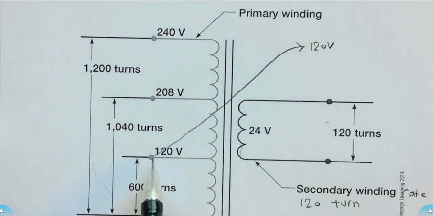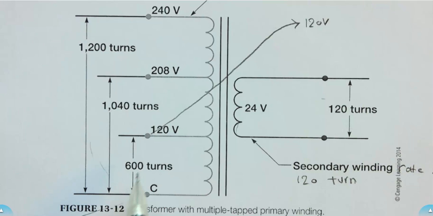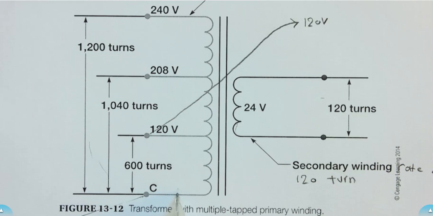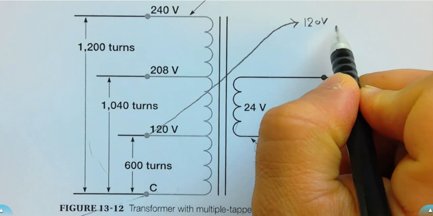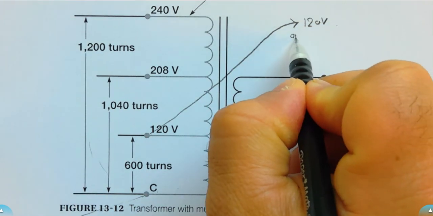You can see from this point, 120, to the C, the voltage equals 120 volts. And also the turns from this point to this point, you will see 600 turns. So this one is 120 volts and 600 turns.